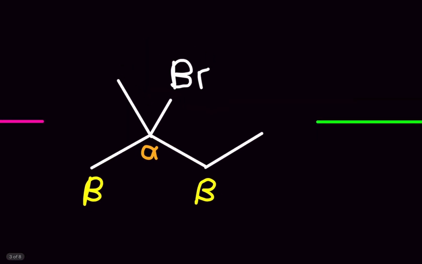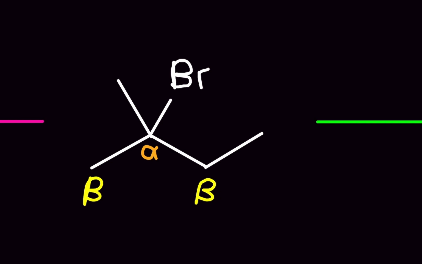So you have the alpha carbon here, and we have 2 beta carbons. And remember, in elimination reactions, we create a double bond between the alpha and beta carbons. So we eliminate the halogen, removing it completely, and then we put a double bond between the alpha carbon and either of the beta carbons.